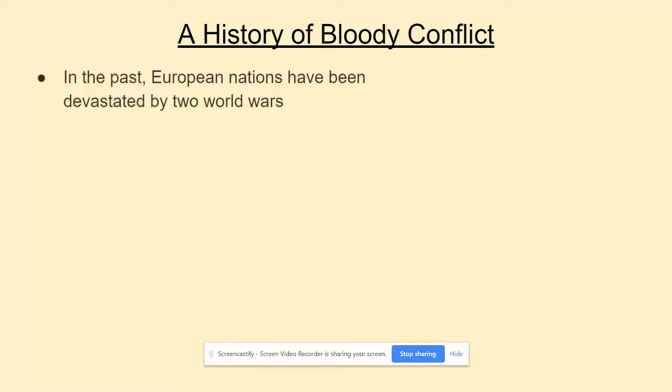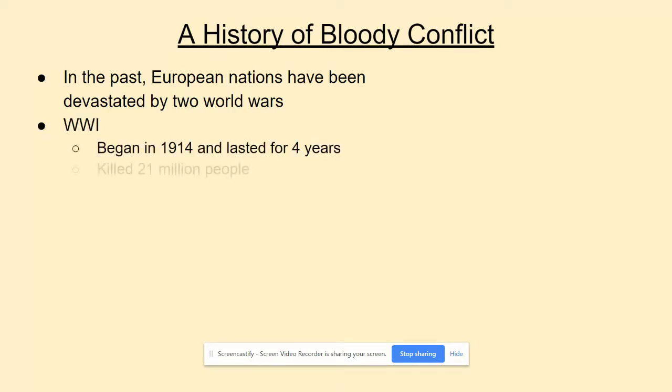The EU is really born out of the two major world wars that have happened in recent history. In the past, European nations have been completely devastated, decimated, and destroyed because of these two world wars. World War I started in 1914, lasted for 4 years, and killed 21 million people.